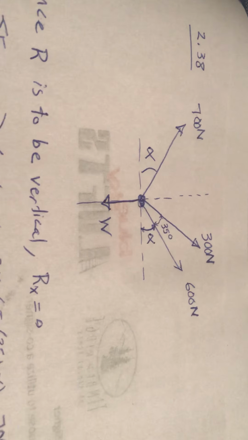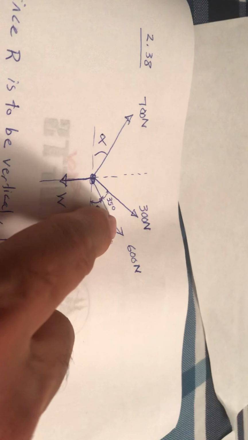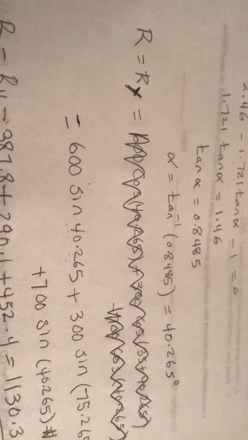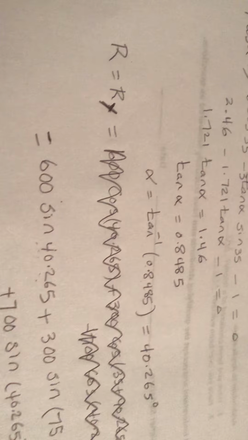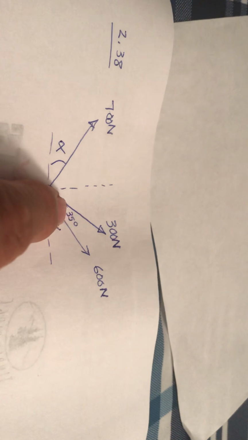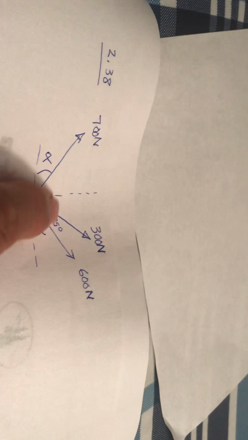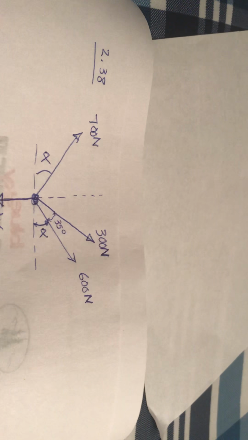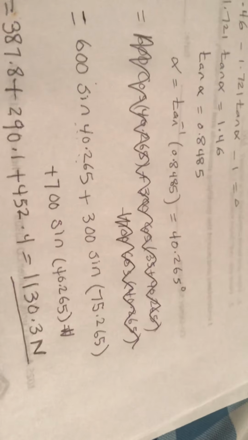And 600 sine alpha, of course, because 600 is cosine alpha in x and sine alpha in y. And remember, for the angle 35 plus alpha, cosine is in x and sine is the other side, so 300 sine of 35 plus alpha.